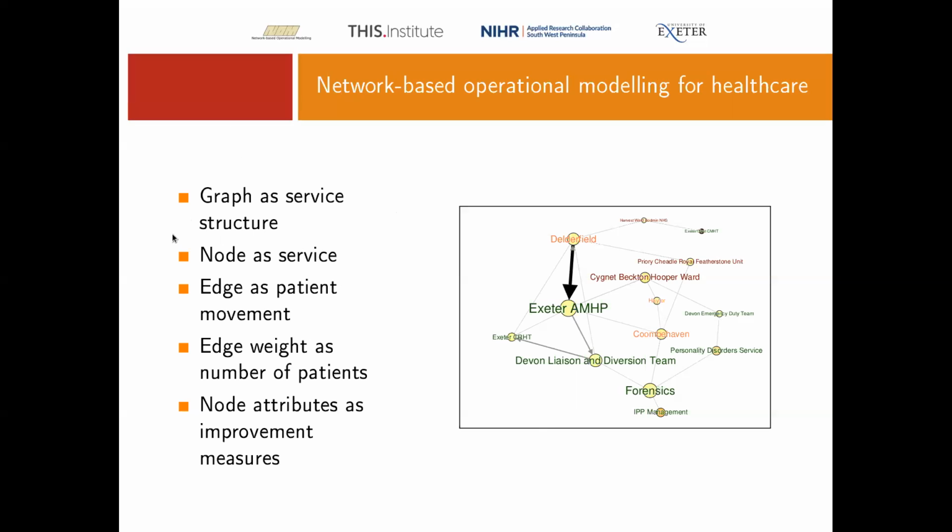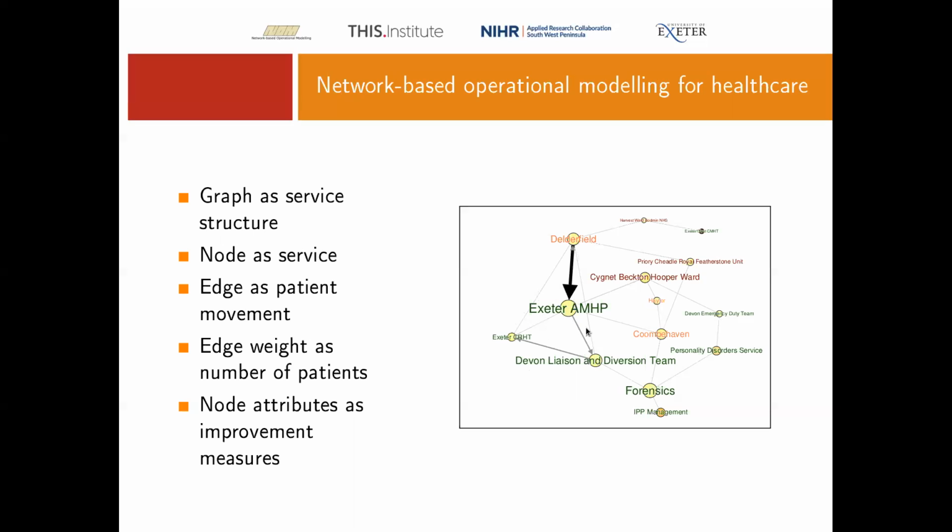The nodes, these yellow dots, are the services being provided and the different teams providing those services. The edges are the movement between the different services. In this instance they've got arrows on the end, meaning there's a direction of movement.